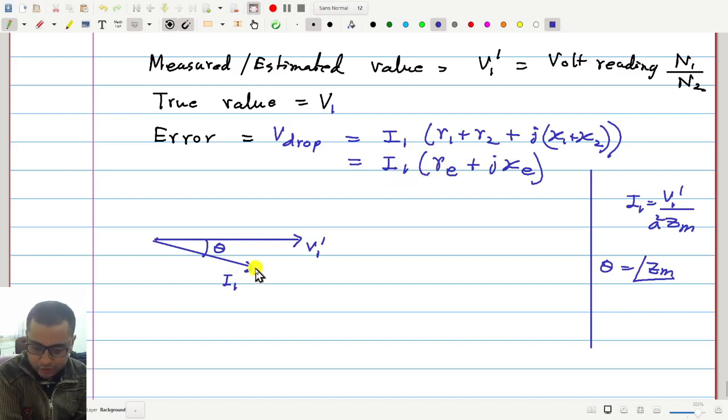I1 Re, that quantity will be in the direction of I1 itself, because Re is a real number. So this is I1 Re, and then I1 Jxe, that quantity will be, let me make some space, V1 prime. Now I1 Jxe will be at an angle of 90 degree.